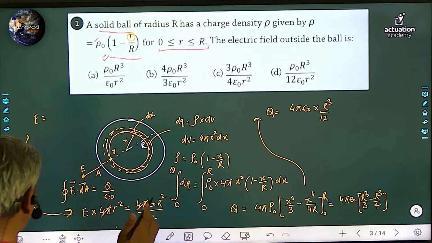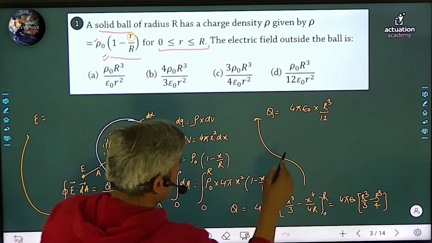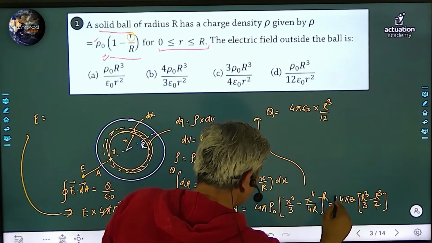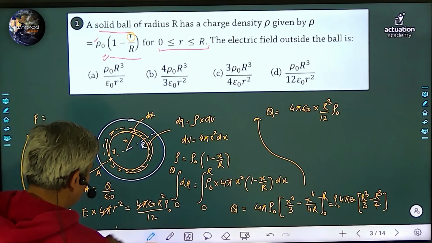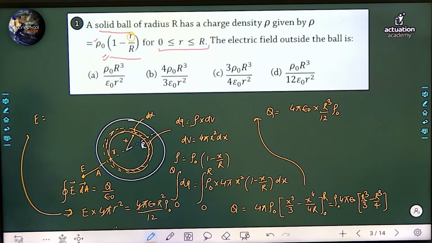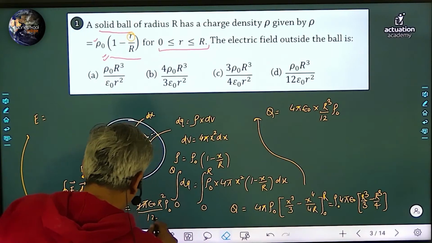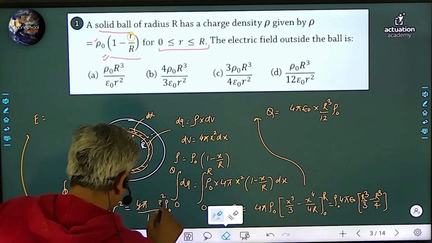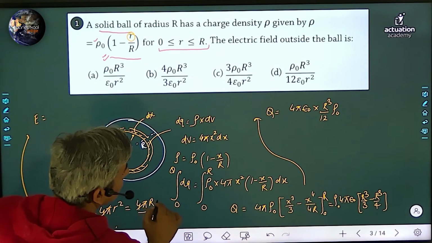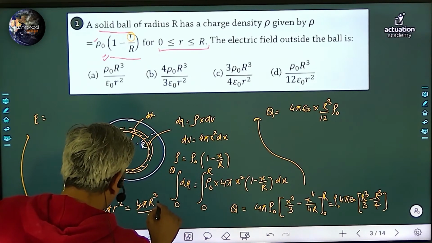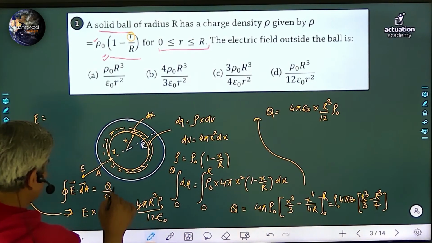4 pi and 4 pi will cancel out, and we will be getting E is equal to... here we forgot to write rho naught, so this is rho naught. This epsilon naught will go, so let me just write it clearly: R cube, and rho naught, and this is epsilon naught because this is Q by epsilon naught.